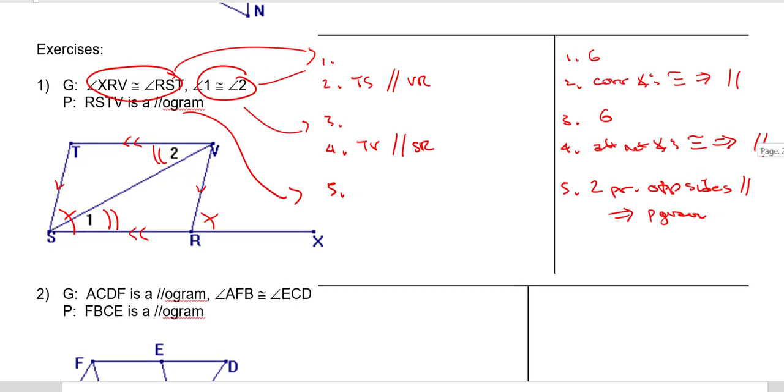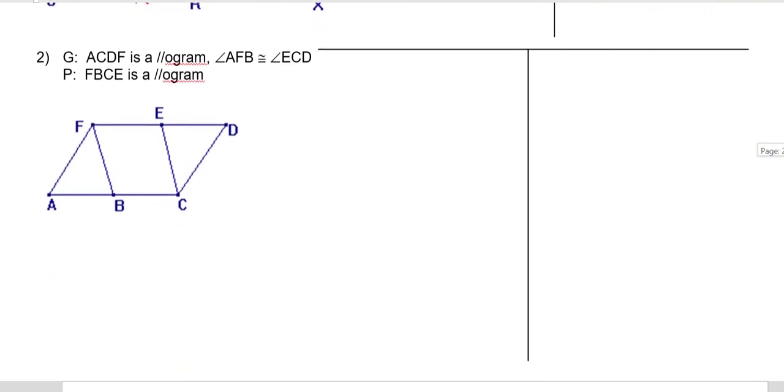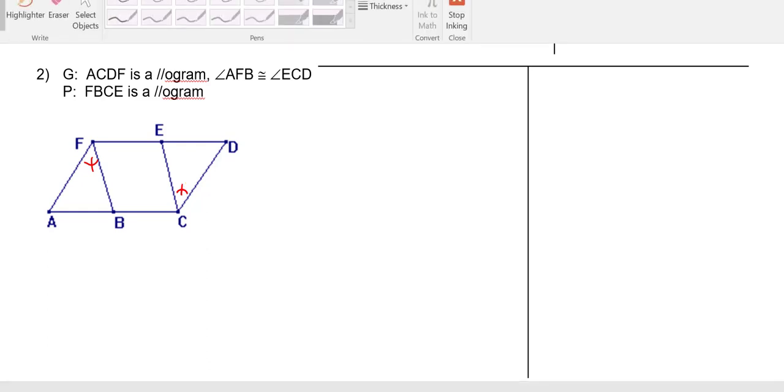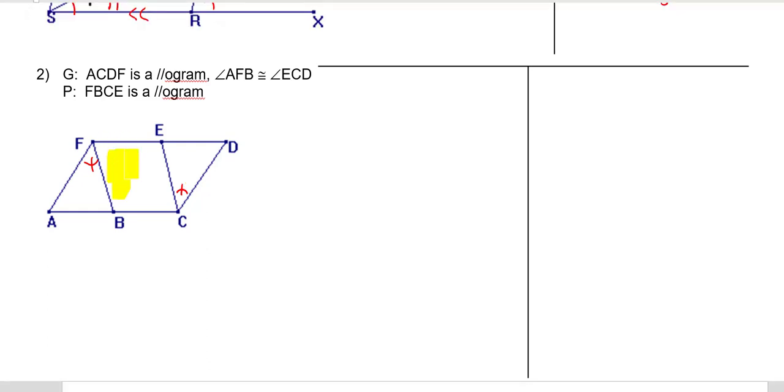Okay. Let's try one more. Okay, so for this one, it's given that the big quadrilateral is a parallelogram. So I got all these properties there. And AFB is congruent to ECD. And I want to prove that this yellow part is a parallelogram.